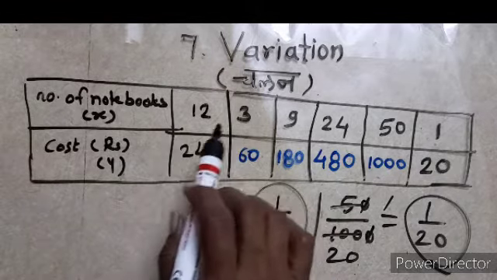What is the equation of direct variation? X upon y is equal to k. This equation may be asked in your exam as fill in the blanks. So remember x upon y is equal to k is the equation of direct variation. Please write this in your notebook and read carefully.